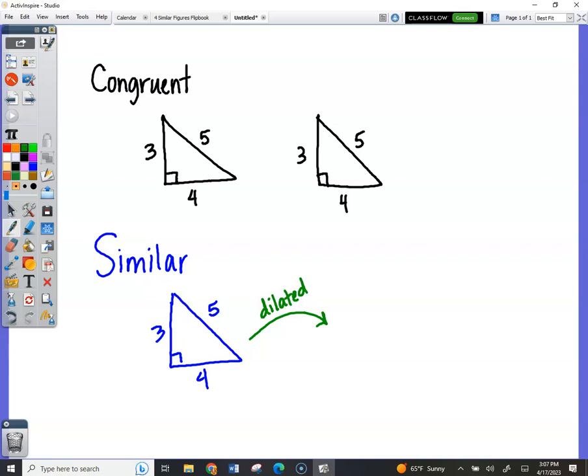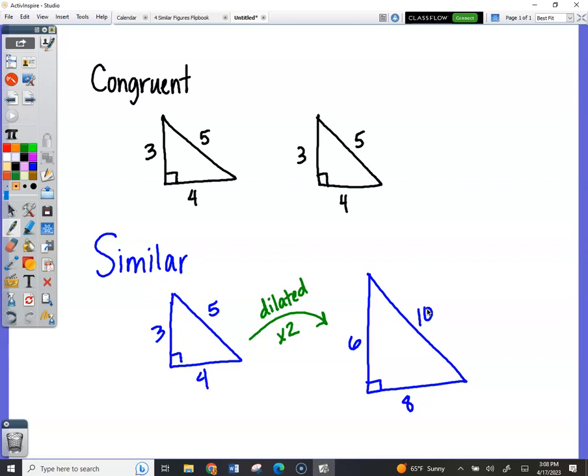We're going to say by a scale factor of 2, so it's going to get what? It's dilated by a scale factor of 2, it's going to get bigger. So a 3, 4, 5 times 2 would be a 6, 8, 10. You with me? Okay.